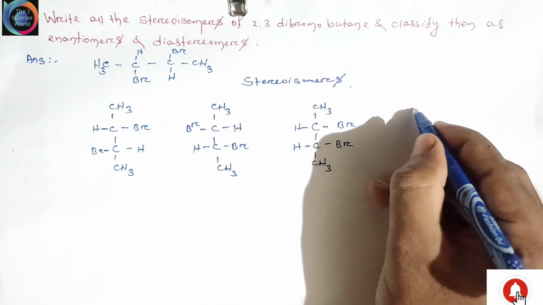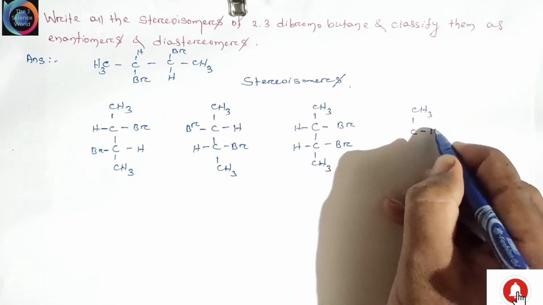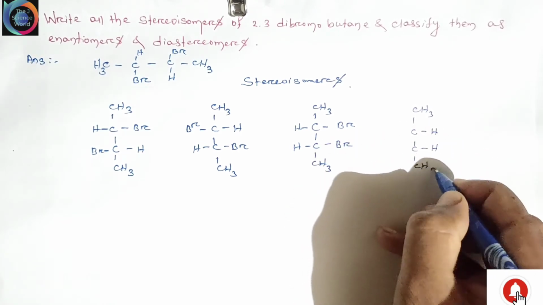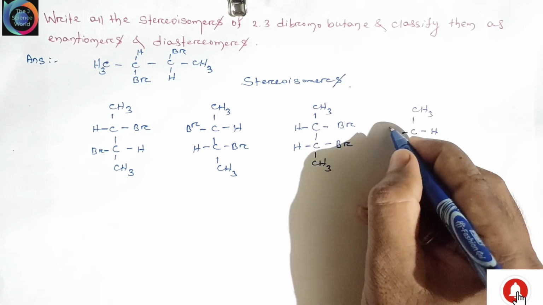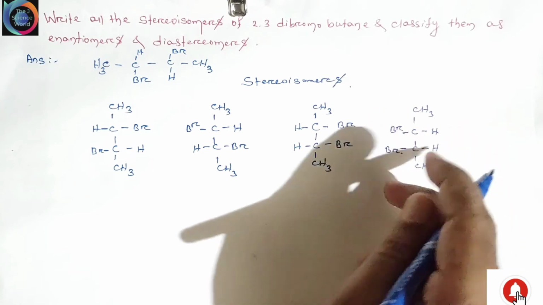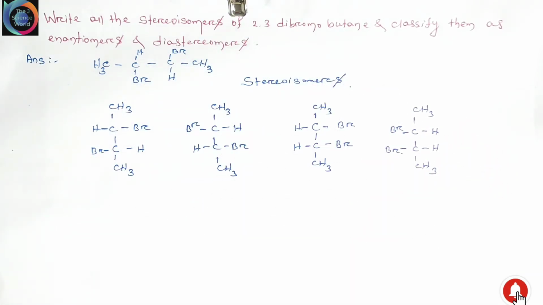The last one, this is our CH3. These are the 4 possible structures of stereoisomers of 2,3-dibromobutane.